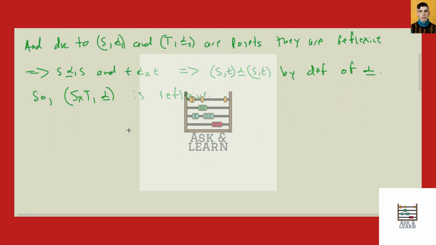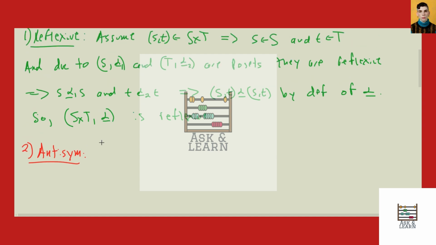All right, now the second thing we should show is that it is anti-symmetric. So 2, anti-symmetric. Now remember, anti-symmetric means, so I'll just write this up here: if x is less than or equal to y, then y is less than or equal to x only if x is equal to y. We don't need to write this, but let's keep this right here while we're solving it, just to remember what it means.